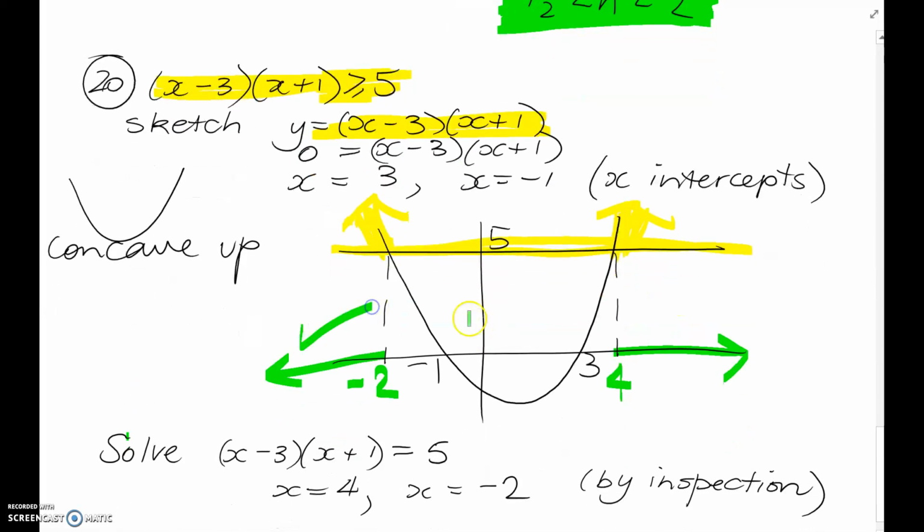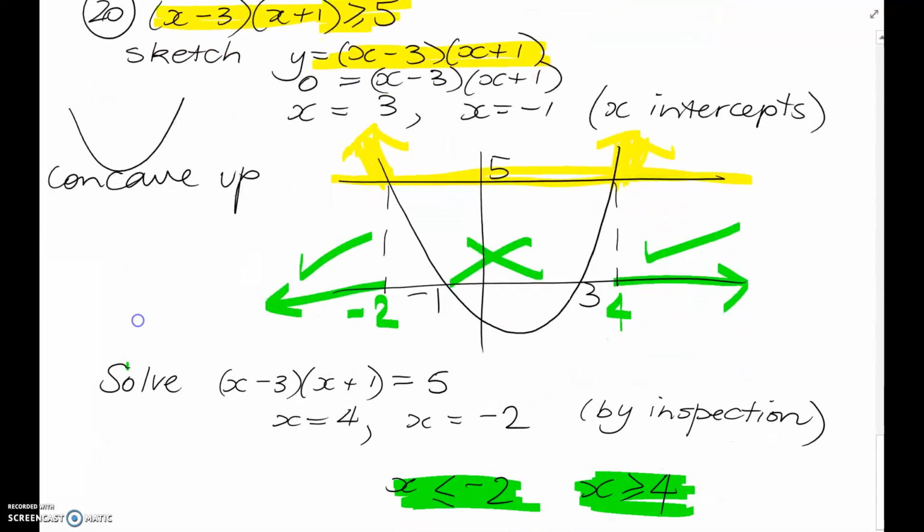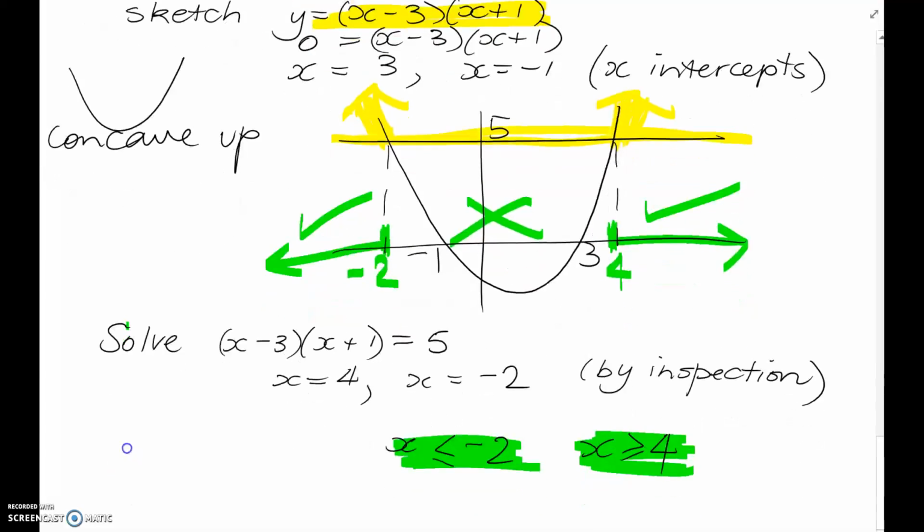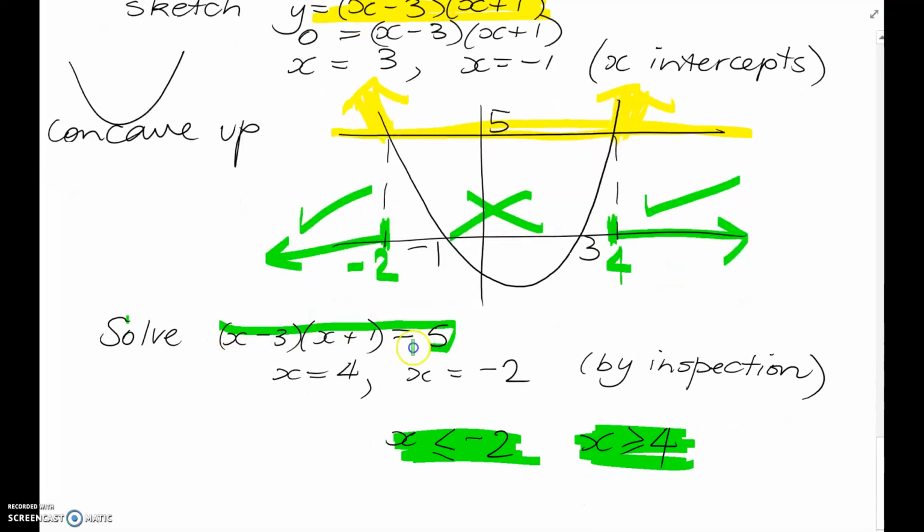All these ones here, not these, and all these ones here. So how do I know what this position is here and this position is here? Well, I have to actually solve this one and find out. You could expand it out and do your usual, but I found it easy just to look at that, and by inspection, just trying a couple of quick easy numbers, I found that 4 and -2 were the answers. I did that by inspection.